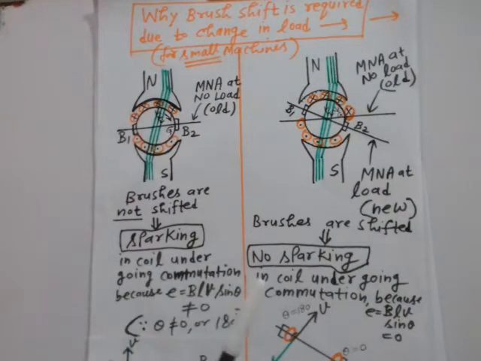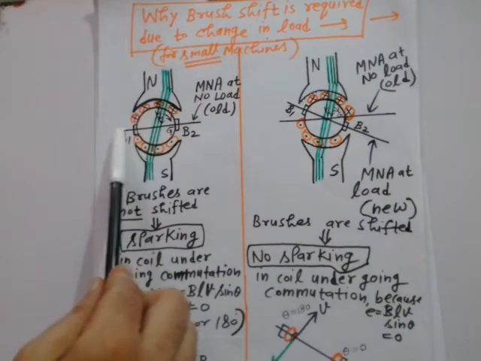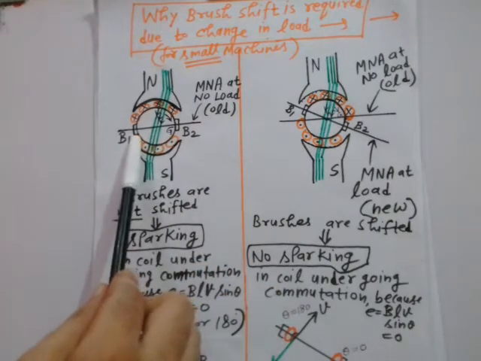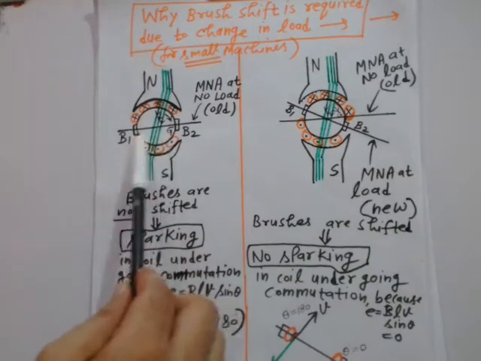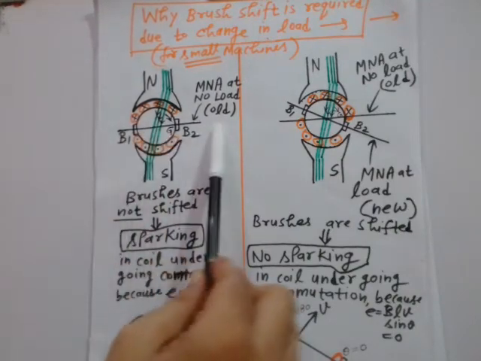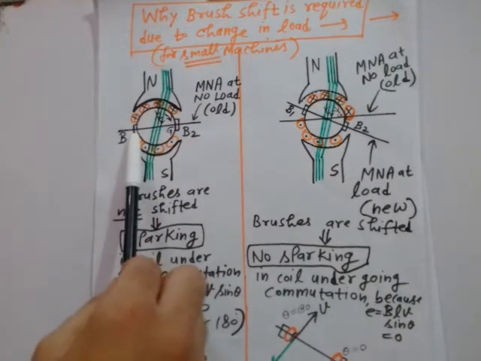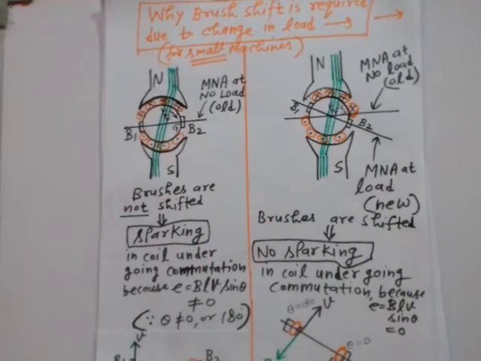So I am saying that all those coils which are just near this MNA will have a rotational voltage because theta is not 0 or 180 for all such coils which are near this old MNA, right? Which is basically the MNA at no load, at which you have placed your brushes B1 and B2, right? That means this axis.